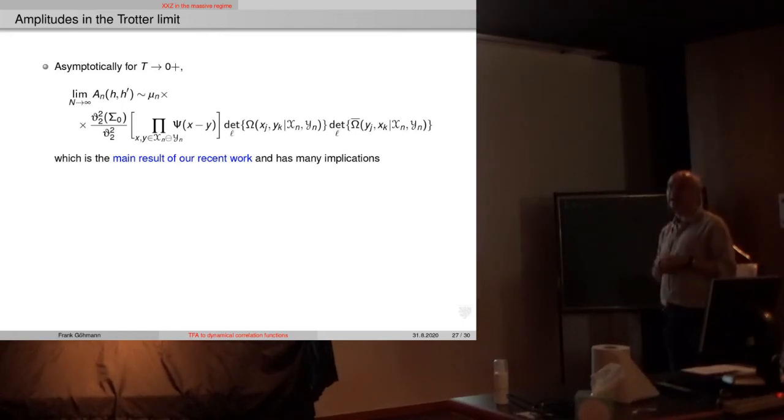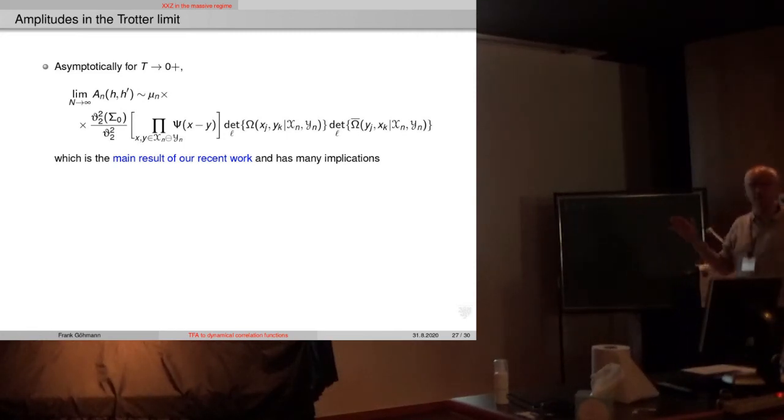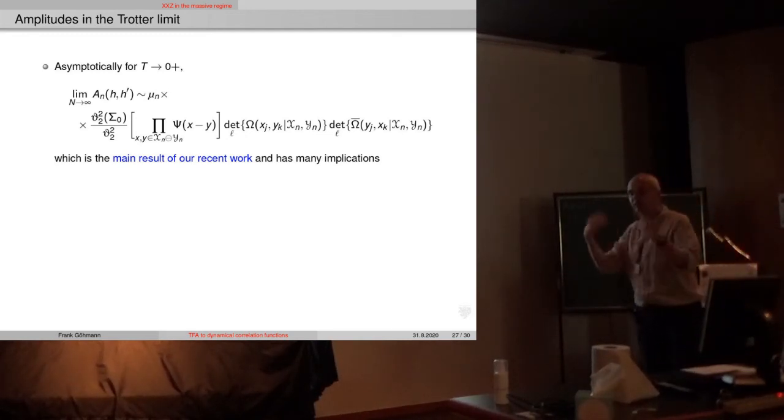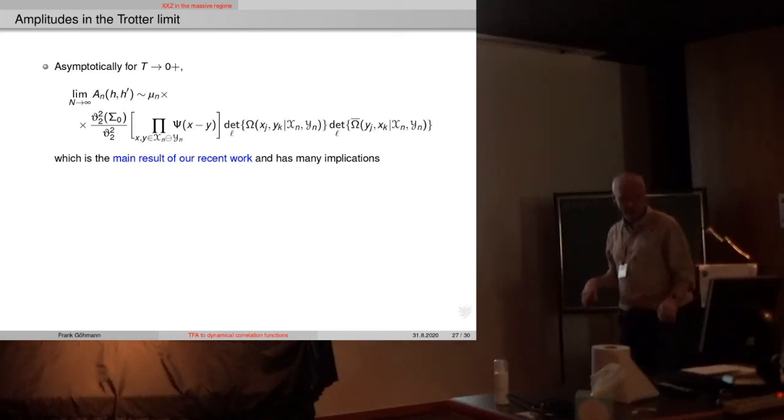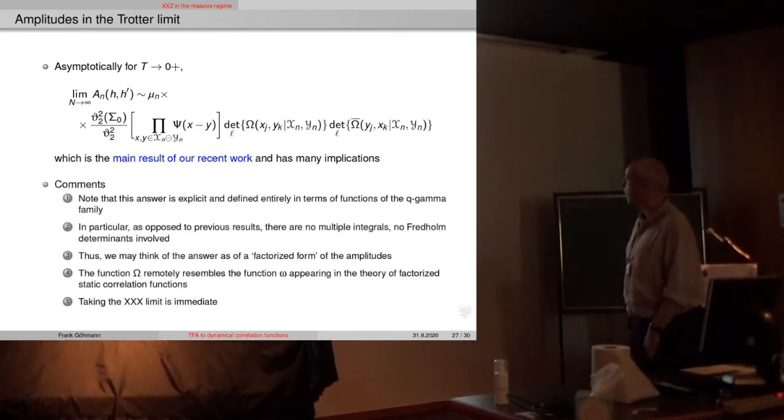This function psi is very much like this generalized Cauchy determinant. And then the product of two determinants. That's it. If you open the book of Gaudin, you have a whole page of definitions with multiple integrals, multiple residues. Here we have something simple.